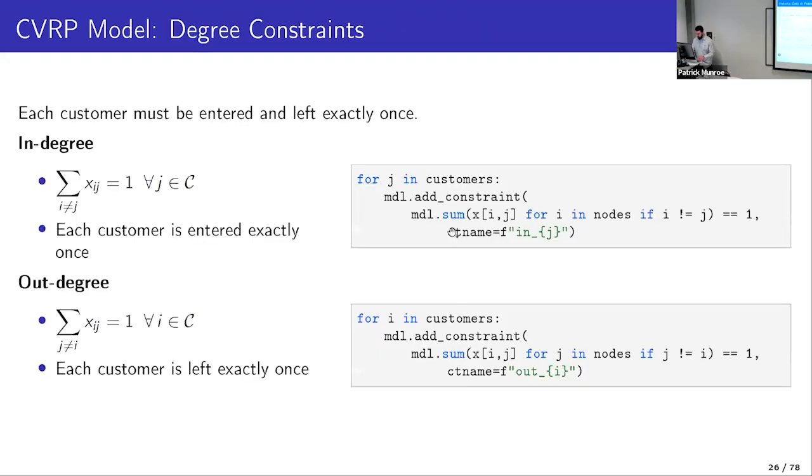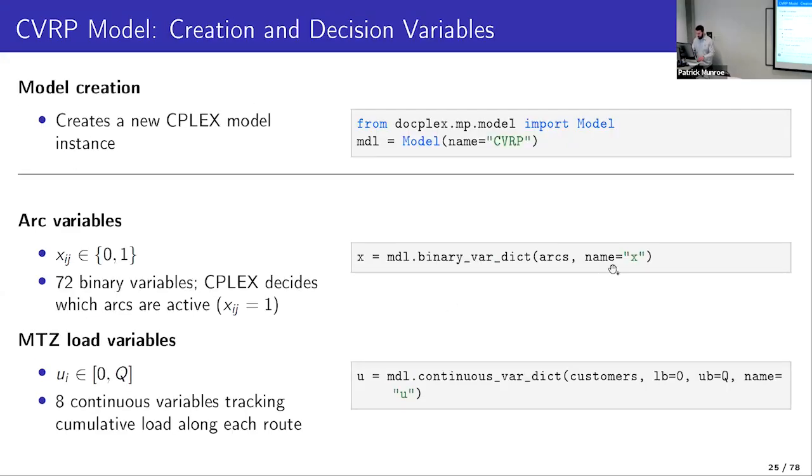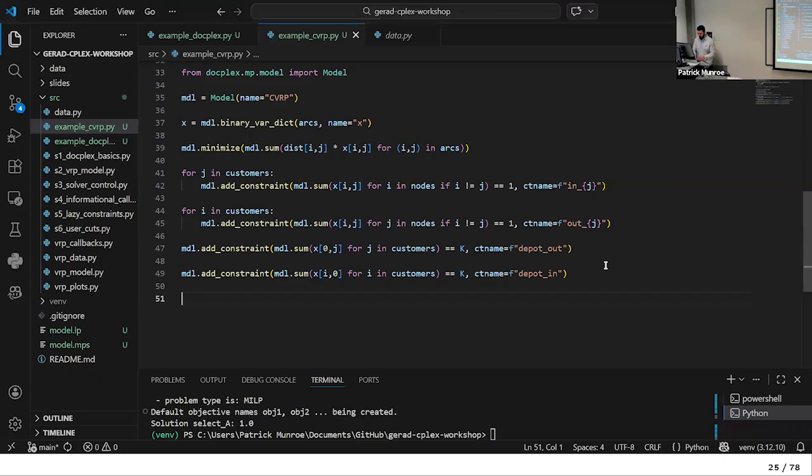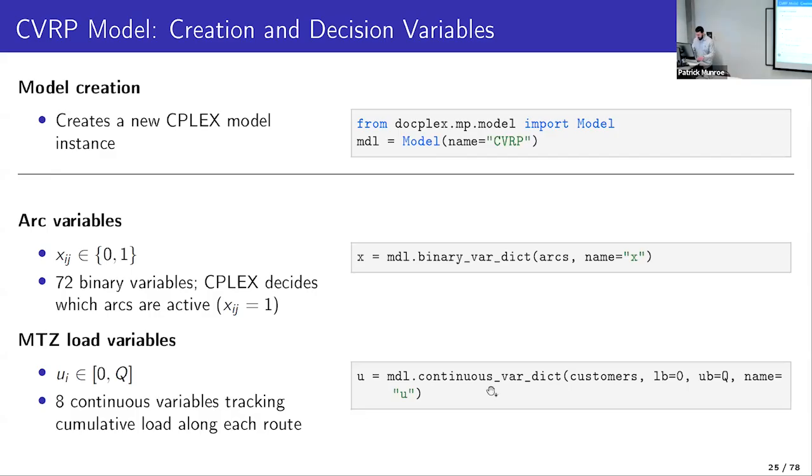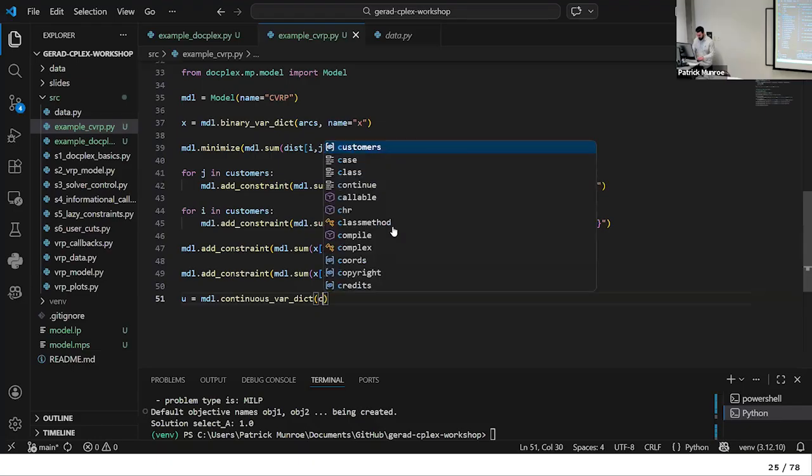So the variable u, it's continuous. They correspond to continuous variables. So we can add u: mdl.continuous_var_dict, and then we index them with the customers.